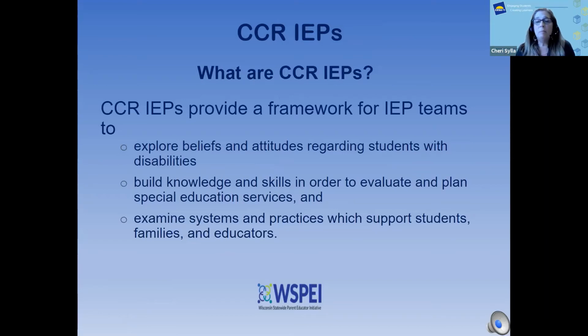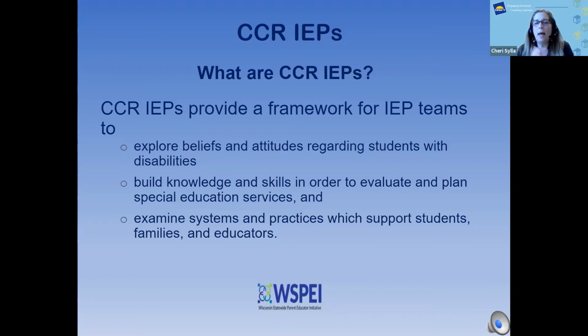Some parents may feel that because your child has a disability, sometimes people have lower expectations for our children. And we need to change that attitude and belief. And so the CCR IEP really wants people to take a look at what our child's strengths are and leverage those strengths to address some of the challenges.